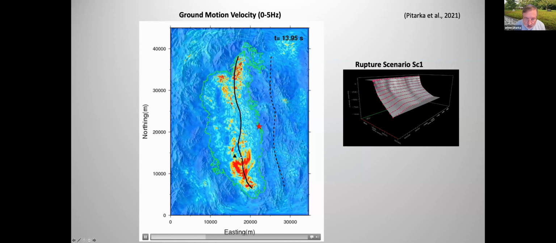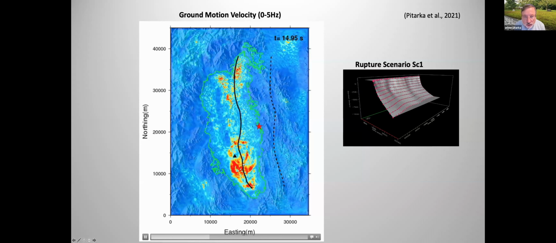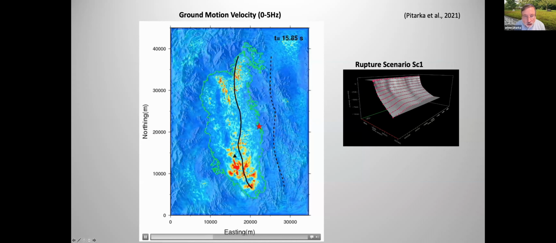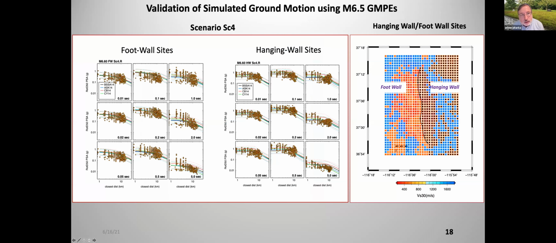And of course, there are areas where there is a very strong concentration of the ground motion. And of course, we validated these, we compared those with GMPs, and the simulations compare very well.